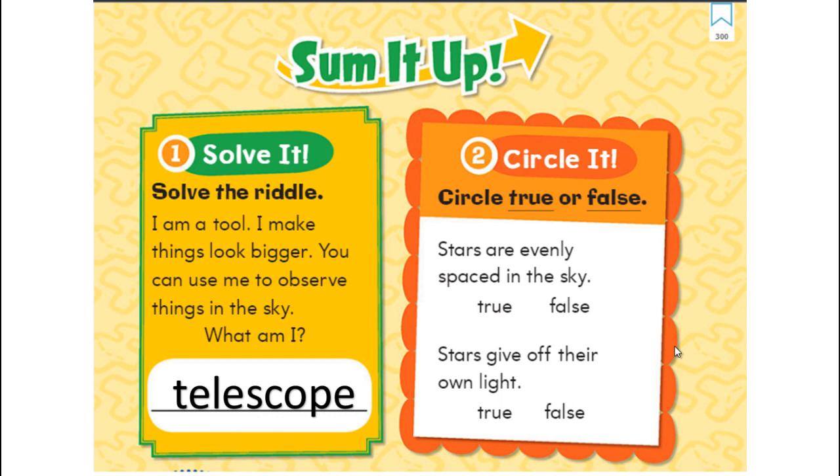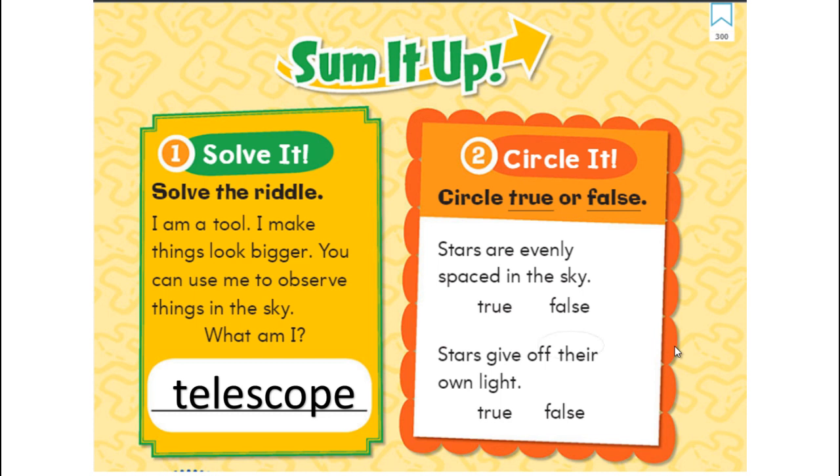True or false? The first sentence. Stars are evenly spaced in the sky. That means they are evenly put in the sky that you can see even spaces between them. Of course not. We said sometimes we can see a group of stars and sometimes we can see a place that doesn't have stars at all.